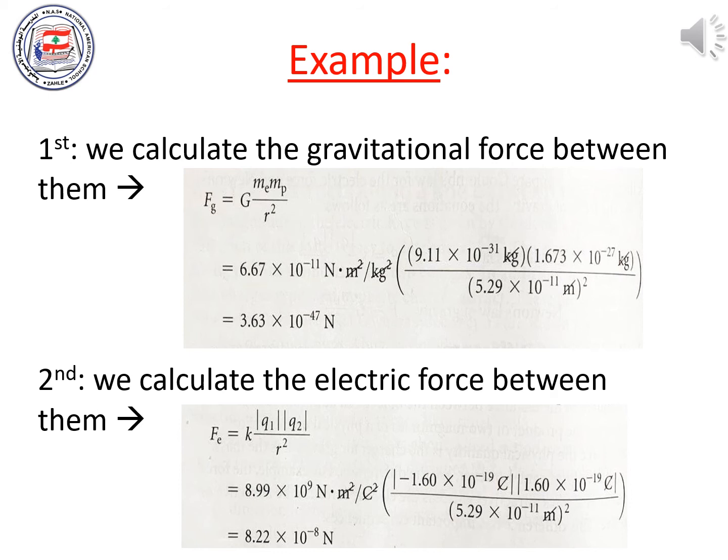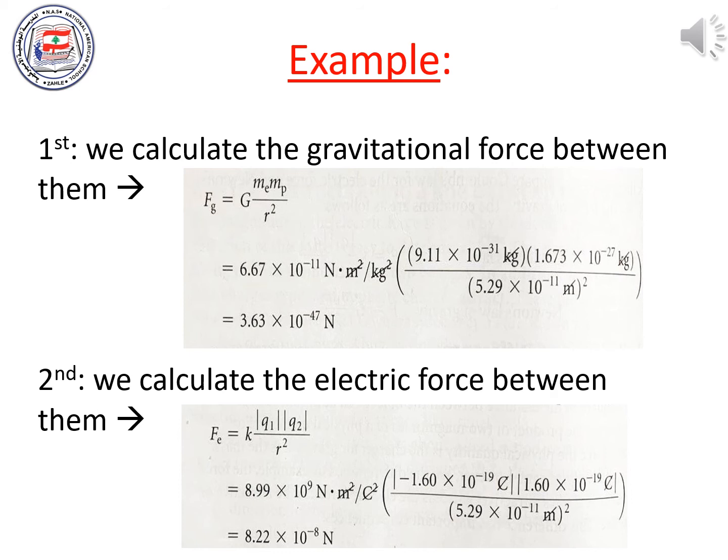Second, we calculate the electric force between them, also using the equation that we already stated in this section. Electric force is equal to K, which is Coulomb's constant, times Q1, charge 1, times Q2, charge 2, the magnitudes of course, over the distance between the two charges squared. K is equal to 8.99 times 10 to the power 9, times the charge of the electron, 1.6 times 10 to the power minus 19, and it's negative.